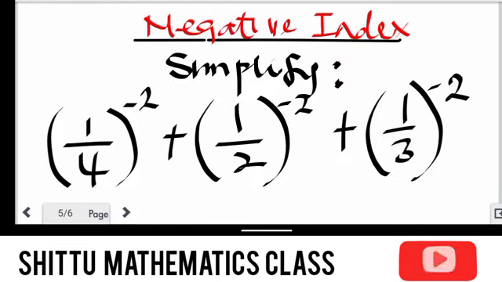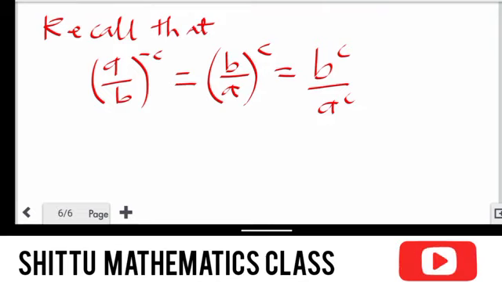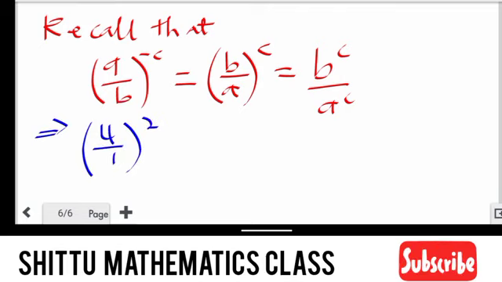So now let's go back to that. We have 1 over 4. Since we want to change the minus 2 to purely 2, we can see that the base, 1 over 4, has to be inverted. So we are going to have 4 over 1 to power 2.